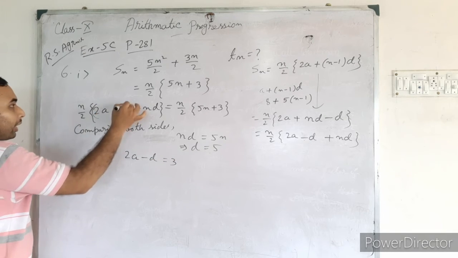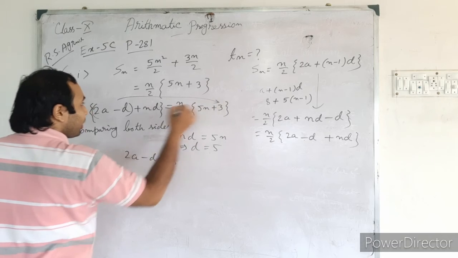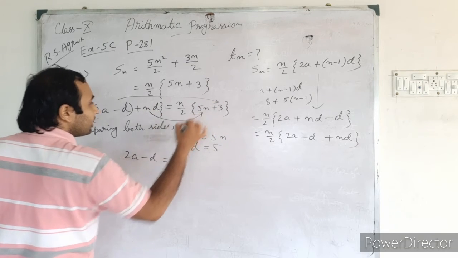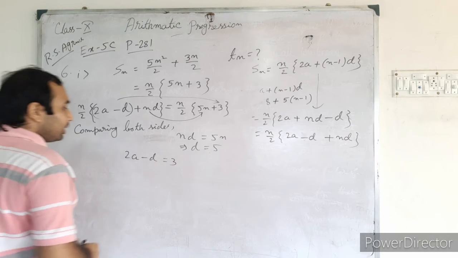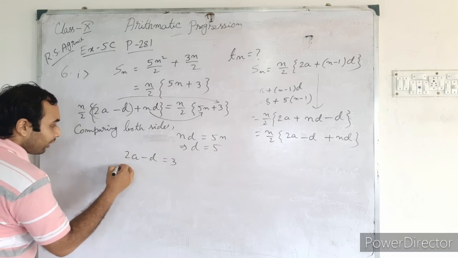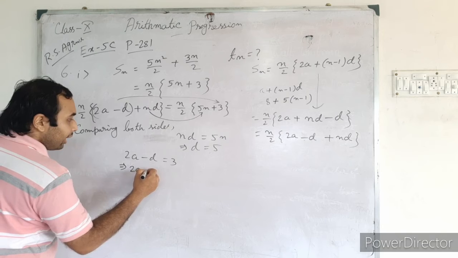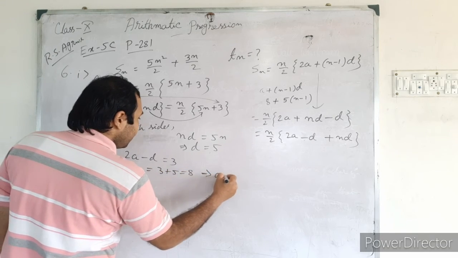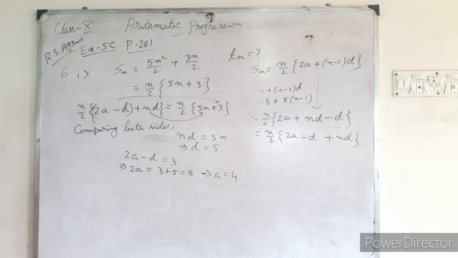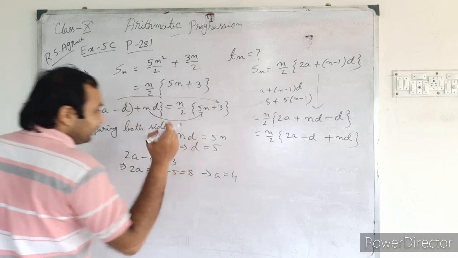This total part equals this part, and that total part equals that part. We have to compare those two. So 2a minus d equals 3. Now put the value of d here. So 2a equals 3 plus 5 equals 8. So a equals 4. So we have got the values of d and a.